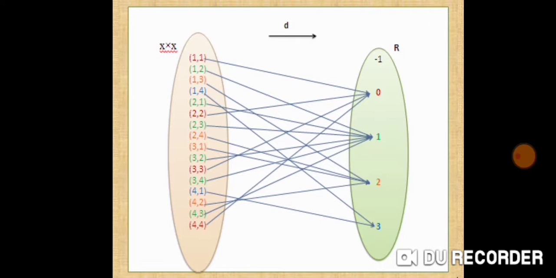So 1 is less than 3. Therefore, d of (2, 1) is less than d of (2, 3) plus d of (3, 1). And consider another example.